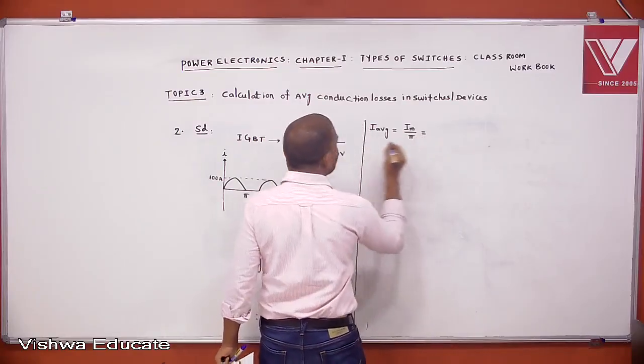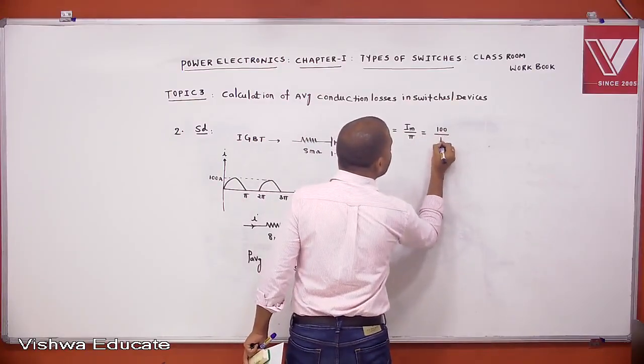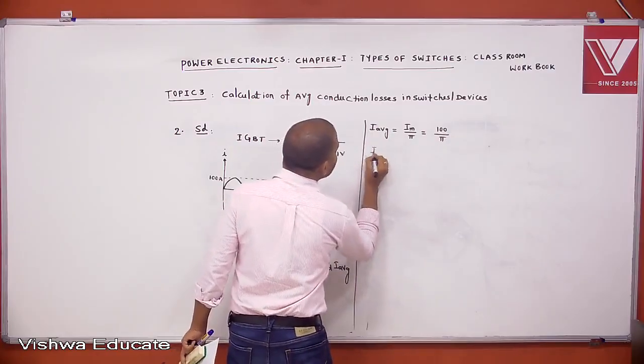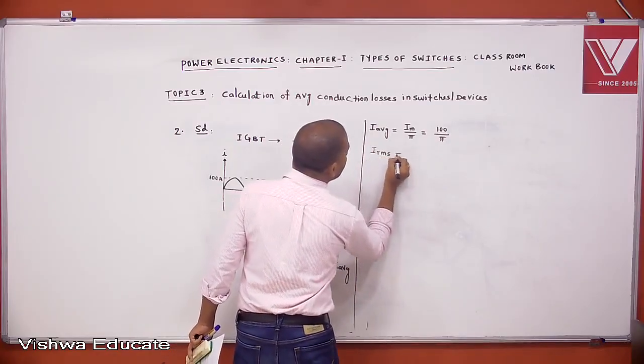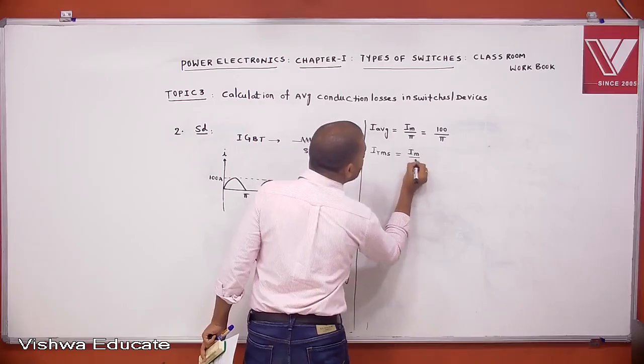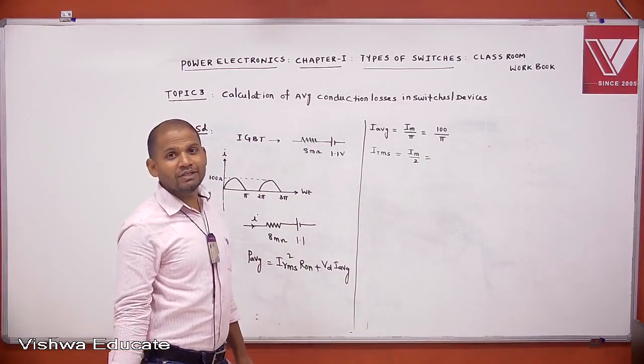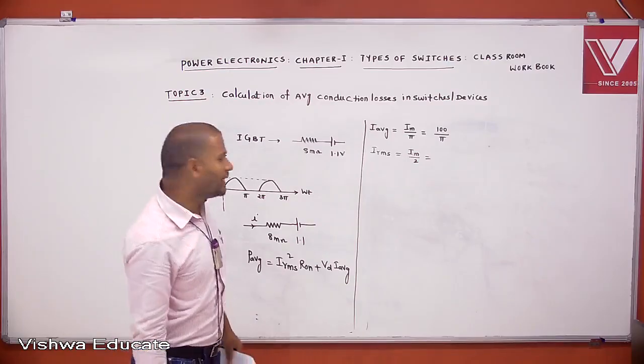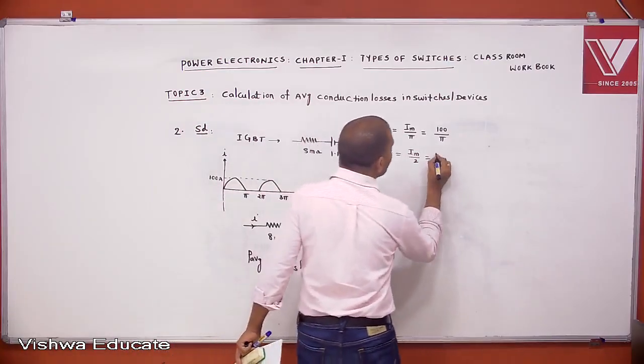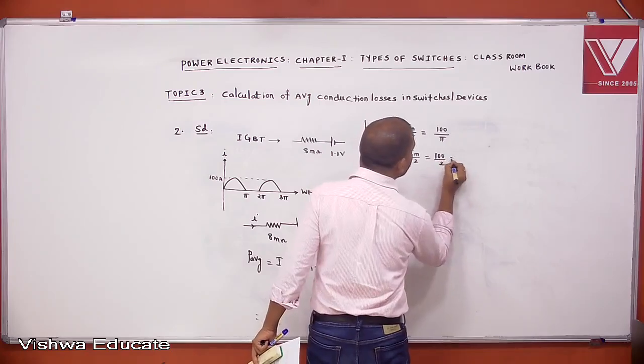Then what is Im here? 100. So 100 by pi amperes. What is the RMS current? That is Im by 2, just like Vm by 2 if it is voltage. But here it is current, that's why I write Im by 2. Im is 100, so 100 by 2, that is 50 amperes.